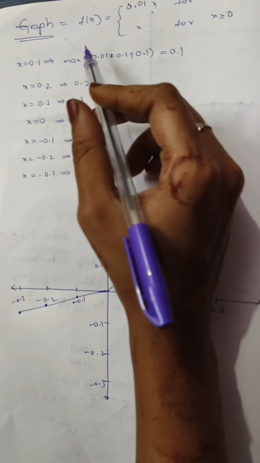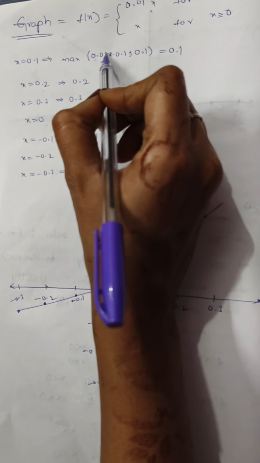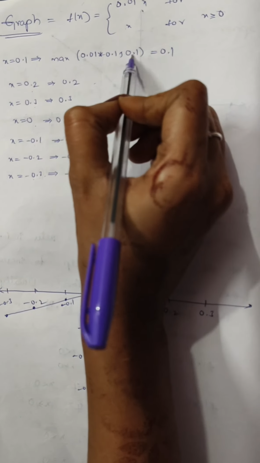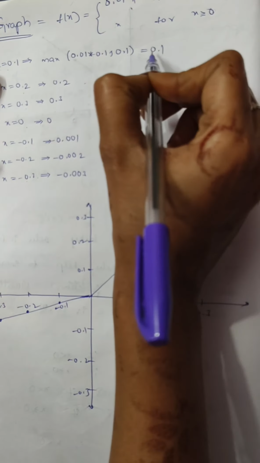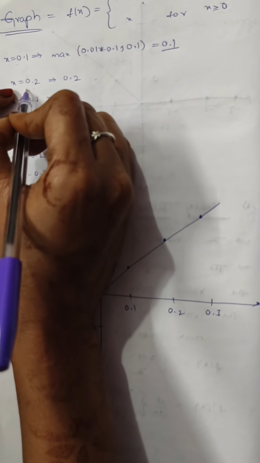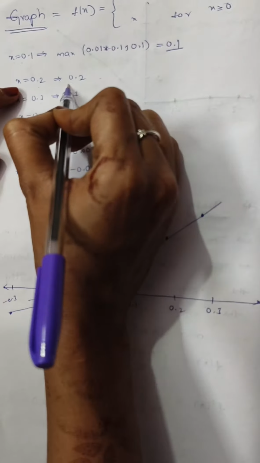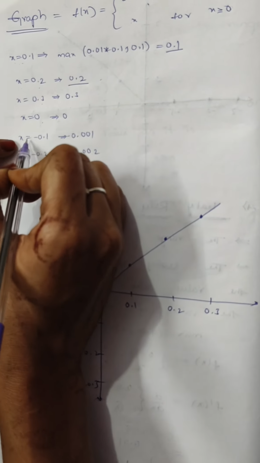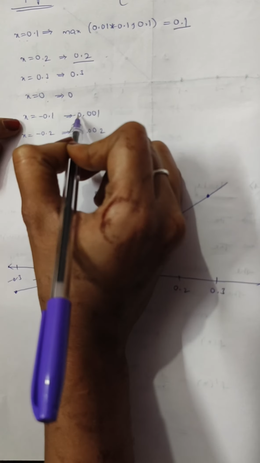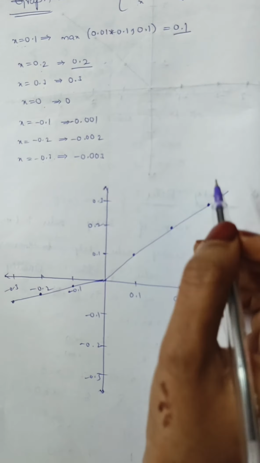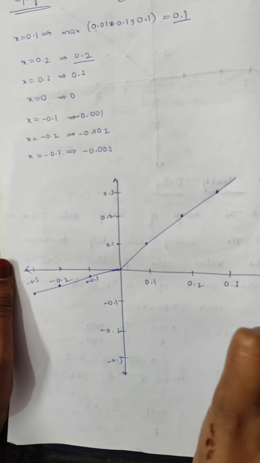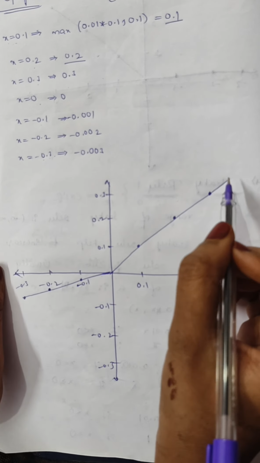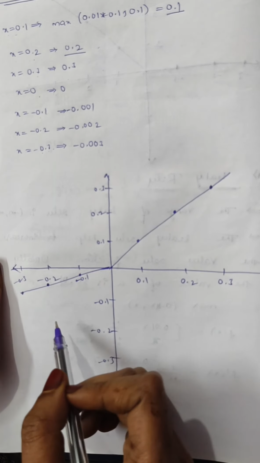When we take the max of 0.01x comma x, with x value 0.1, I got 0.1. When x is equal to 0.2, I got 0.2. When x is equal to minus 0.1, I got minus 0.001. By taking these values, I plot the graph. Here is the graph of the leaky ReLU activation function.